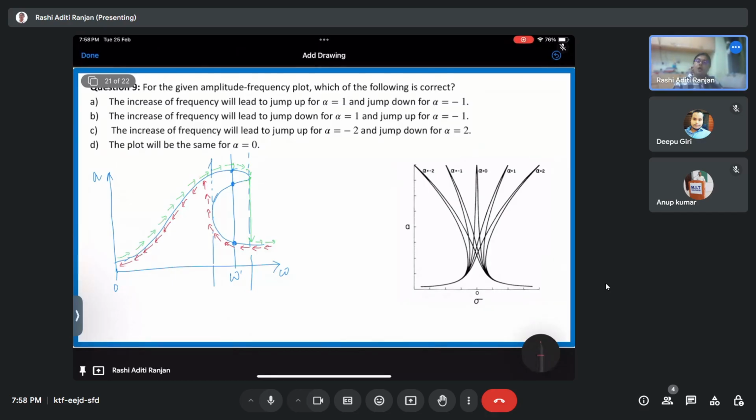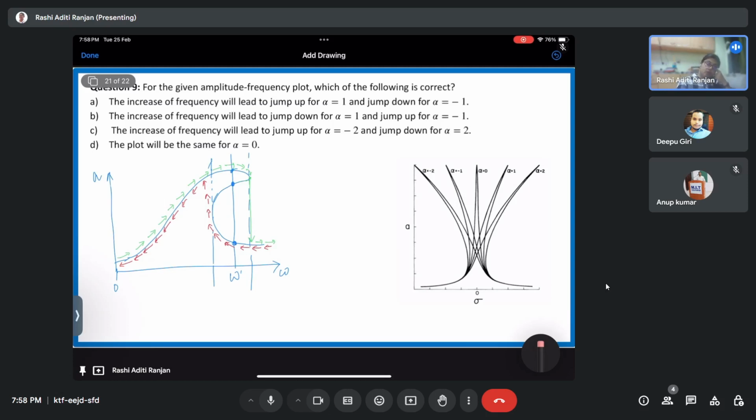So you see that the direction in which I am sweeping my frequency tells whether my system is having a jump down or a jump up.